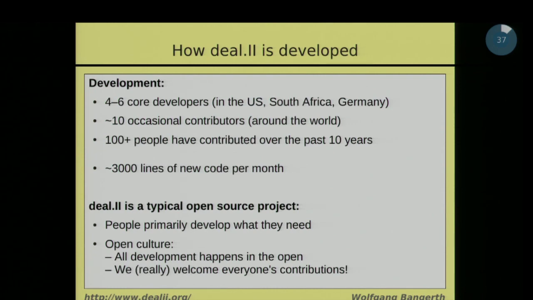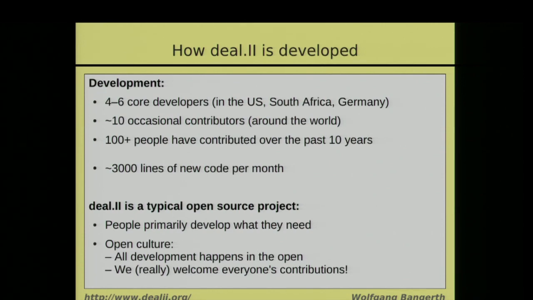Let me briefly talk about how deal.II is developed. There are 4 to 6 core developers in the United States, in South Africa, and in Germany, and then there's a whole number of people who occasionally contribute code, maybe on the order of 10 from around the world. These people come and go for these sort of projects. It's an open source project.